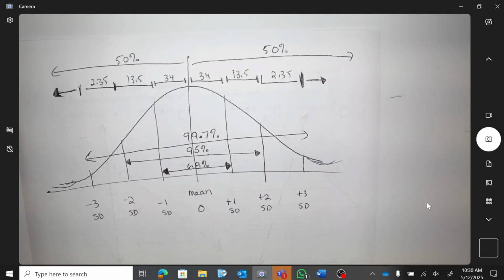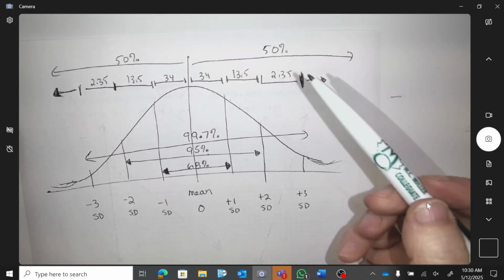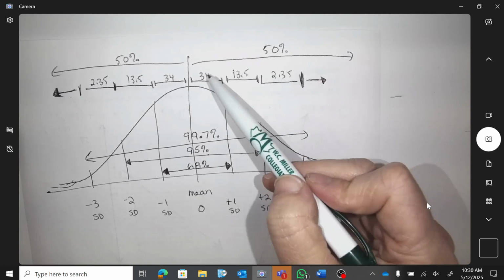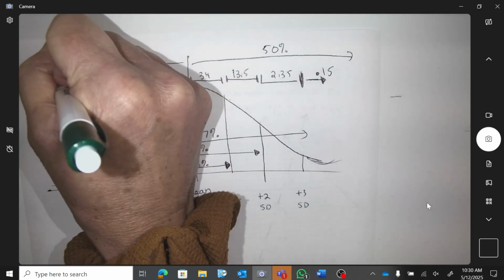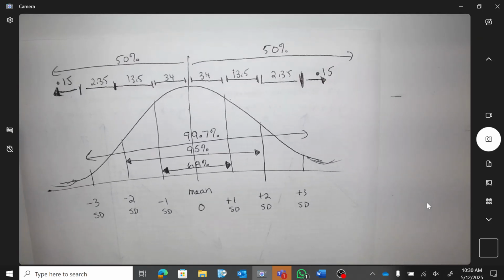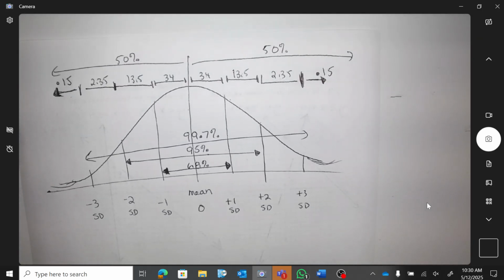Can you get me a number on that? What are we doing? 0.15. What did you do? You should take this 50 minus this minus this, which leaves you with 0.15. Okay, there we go. Now we've got this broken down.